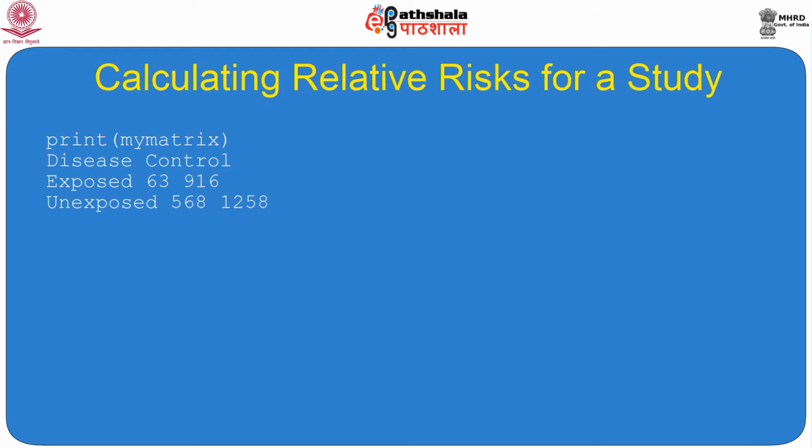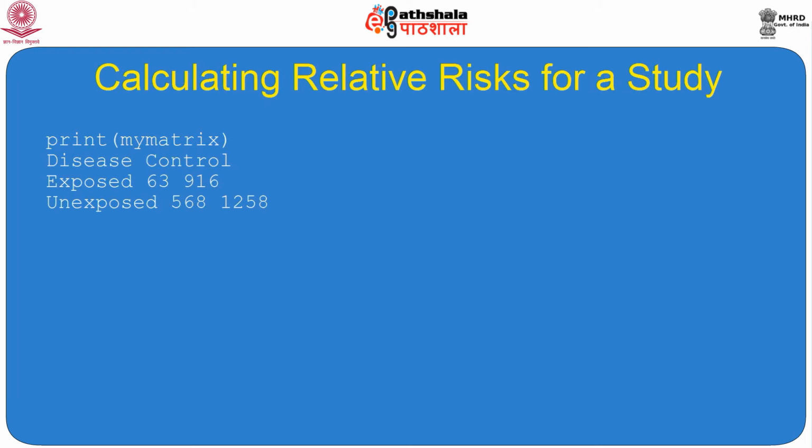So this table shows that among total exposed people, that is 63 plus 916, only 63 were having exposure and disease, whereas among the unexposed, total unexposed people, that is the addition of the observations obtained in the second row, that is 568 plus 1258, only 568 were having disease.